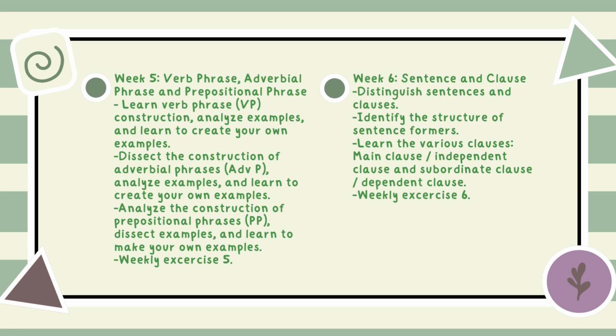At first glance, these phrases look monotonous, but each type has its own characteristics and differences. This method is done so that students can distinguish, analyze, and identify each type of phrase carefully. And the last is weekly exercise 5, like you saw. So don't get bored with exercise because learning grammar is not only learning about theory, but it takes real practice.